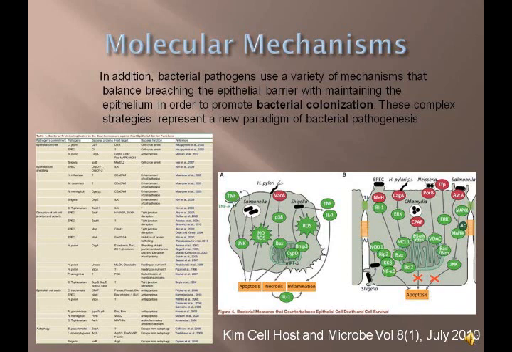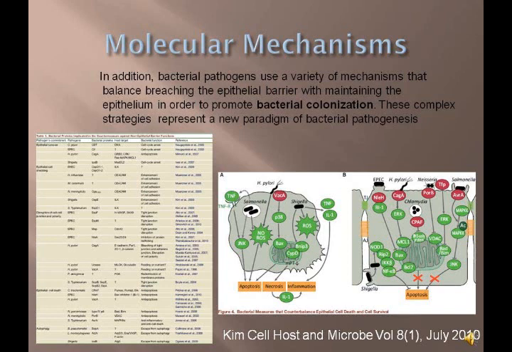And so the quote from Kim's article is very important, and that's the takeaway message from this molecular talk that we've given today. And it says, in addition, bacterial pathogens use a variety of mechanisms that balance breaching. Now, breaching is planktonic. That's acute. That's killing cells.